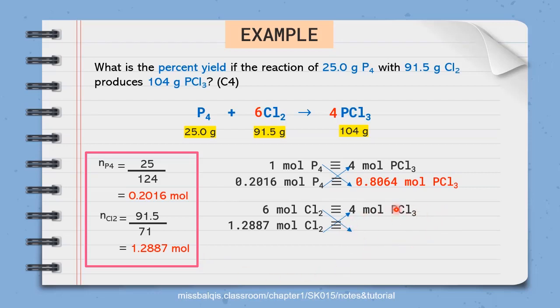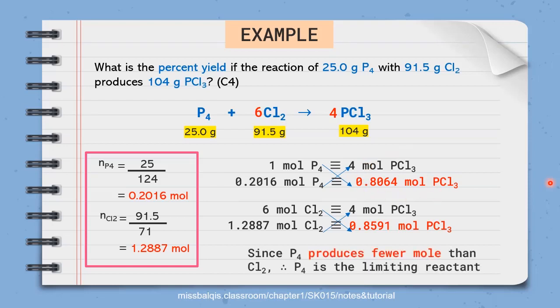So the amount here will be the mole formed when Cl2 becomes the limiting reactant. So we could see we have a bigger number in Cl2 than PCl3. So what does this mean? Since P4 produces fewer mole of PCl3 than Cl2, then P4 is gonna be the limiting reactant.